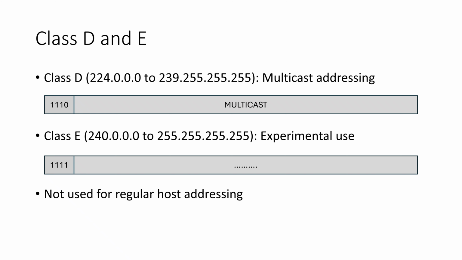Class E addresses run from 240.0.0.0 to 255.255.255.255 and are reserved for experimental or research purposes, and these are not used for normal public networking. Neither Class D nor Class E are used to assign addresses to individual devices.